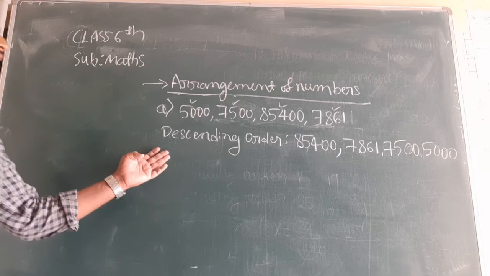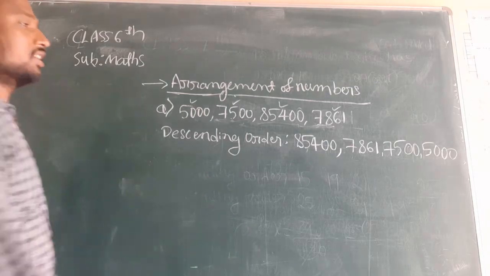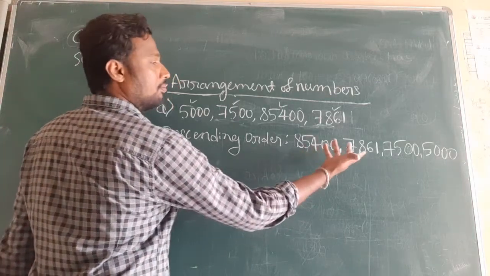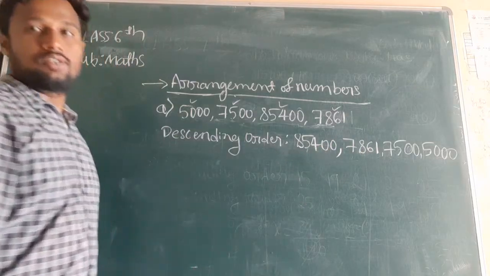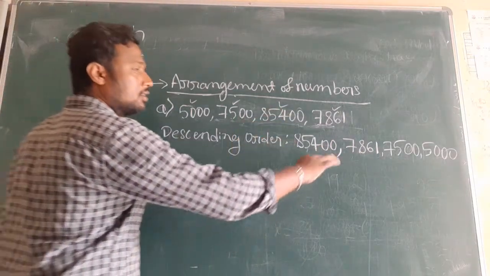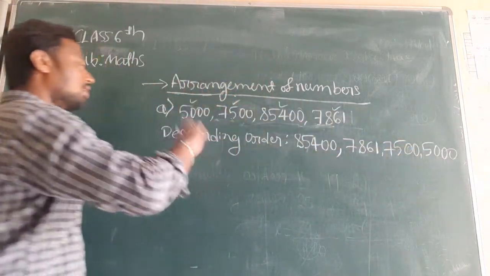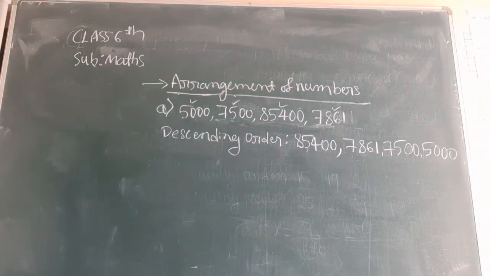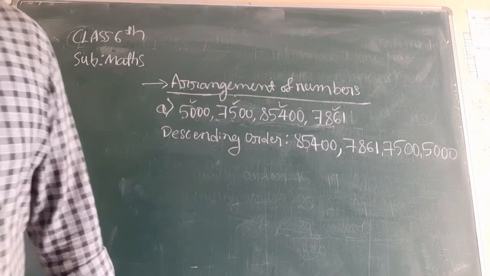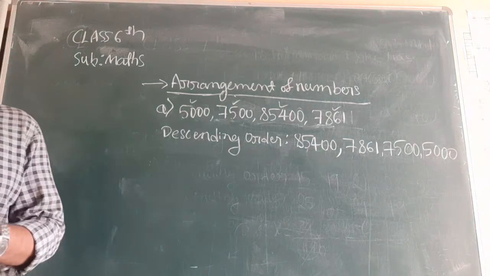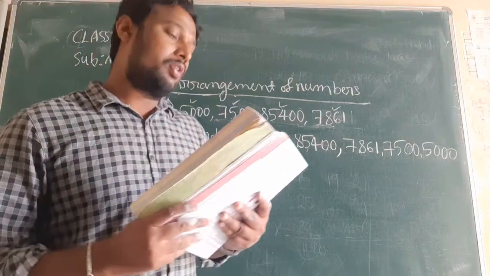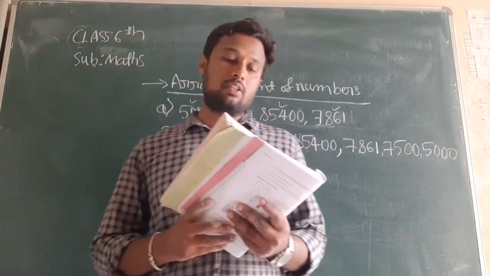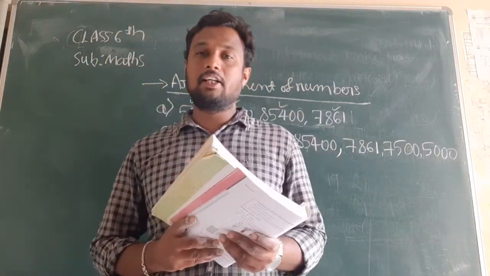And if you want to write this in ascending order, just write the descending order numbers in reverse order, so that you will get smallest to greatest. And those are called ascending order numbers. Okay? And here with this, one more problem is given for you to try. You have to try to calculate that problem.